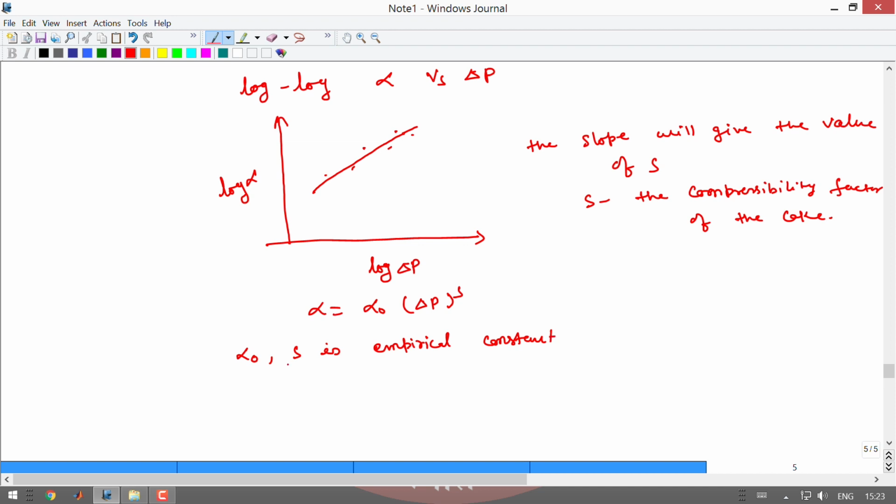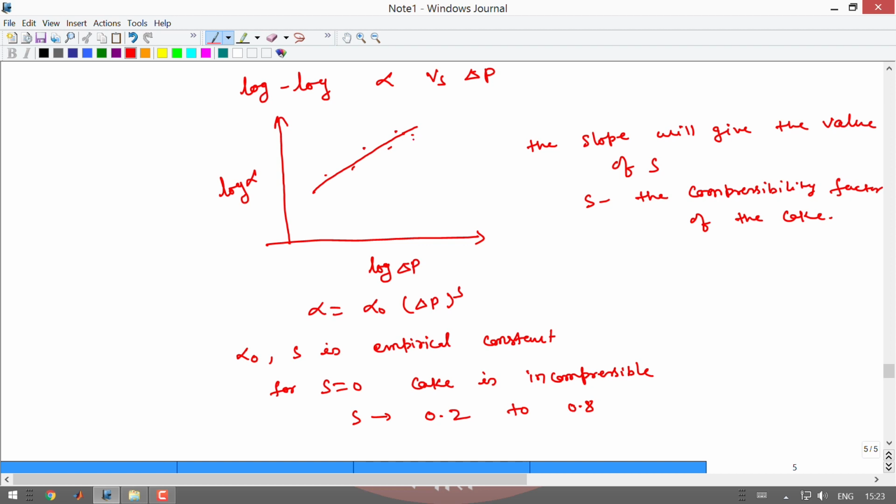Normally for s equal to 0, the cake is incompressible, and normally the value of s varies from 0.2 to 0.8. For s being positive, the cake will be compressible.